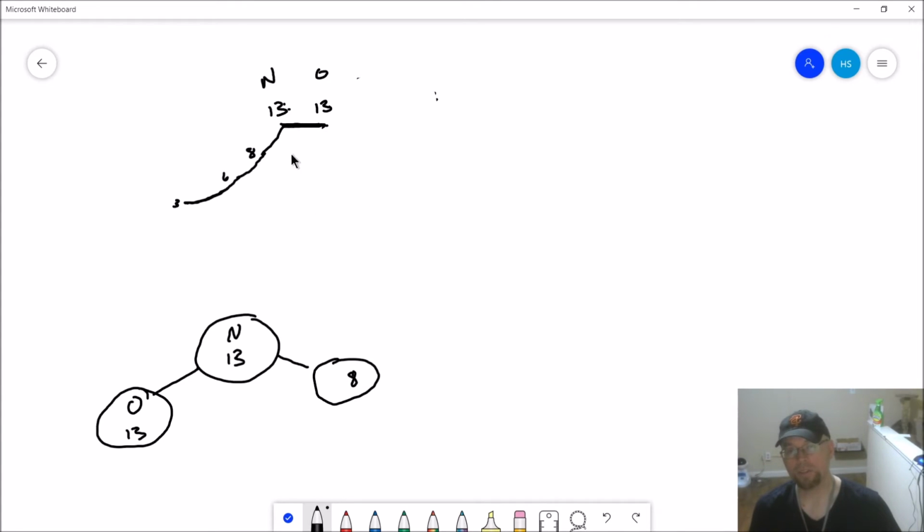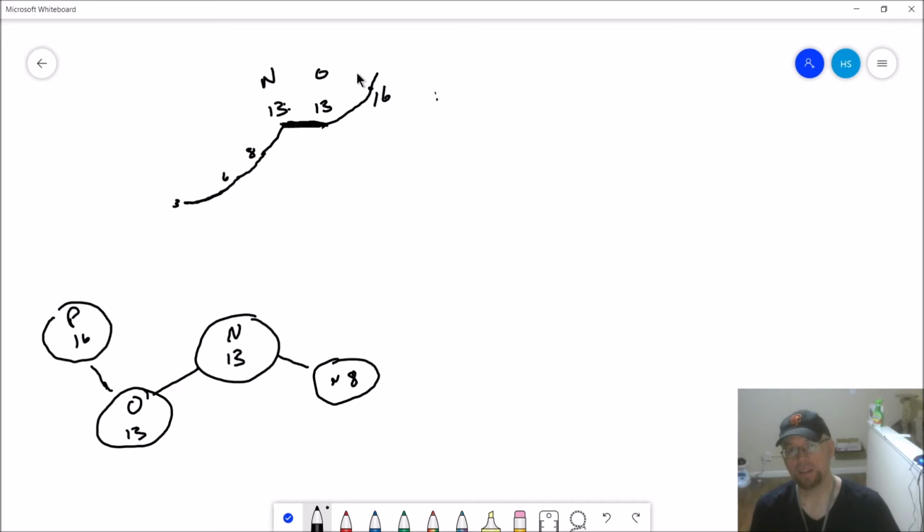Let's say that we're at N and we generated O, and I'll call this M. But let's say the successors for O were N and P, and P was worth 16. Then the space looks like this. And so now this shoulder is a local maximum, but it's not the global maximum.